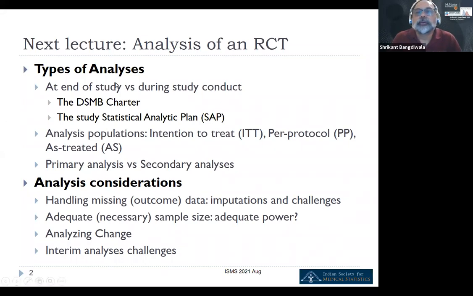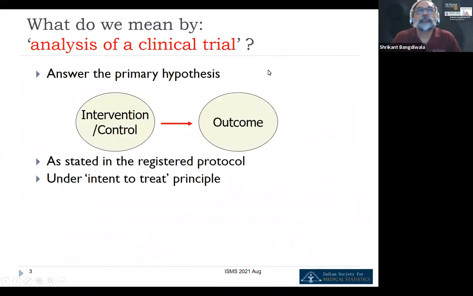Okay, so what do we mean when we say analysis of a clinical trial? People just throw out this term and what do they actually mean when they say, oh, analyze this clinical trial? It basically means analyzing the primary hypothesis. Remember that the clinical trial is hypothesis driven.